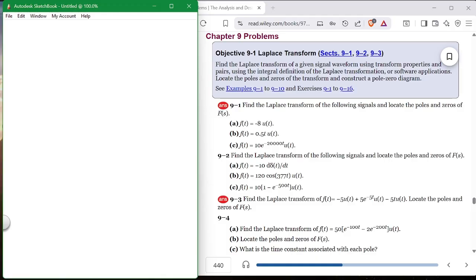Nathan. Can you do 9.2B, and Kang, can you do 9.2C?